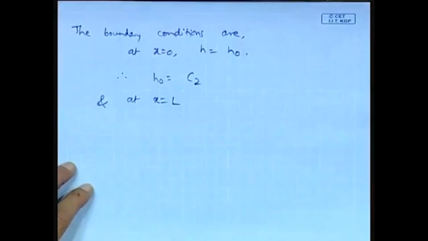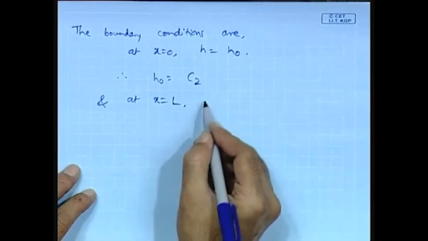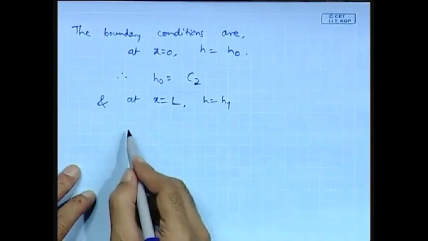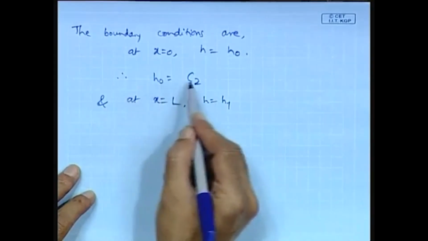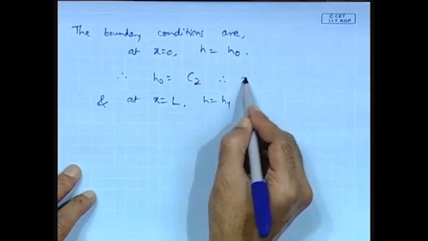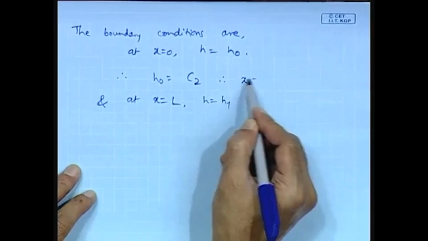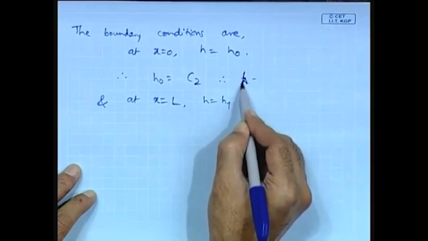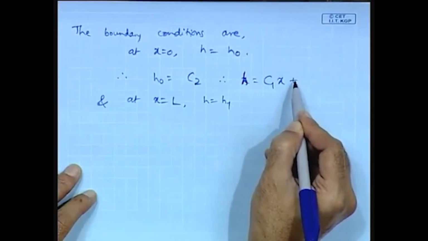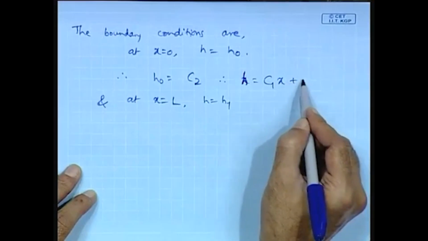So, here at x is equal to L, h is equal to h 1. With C 2 equal to h 0, we get the expression h is equal to C1x plus H0.